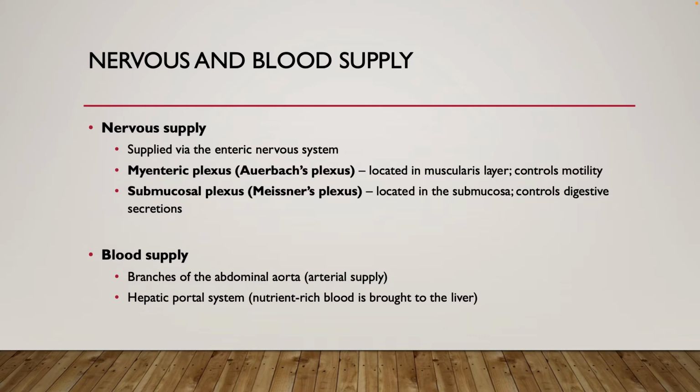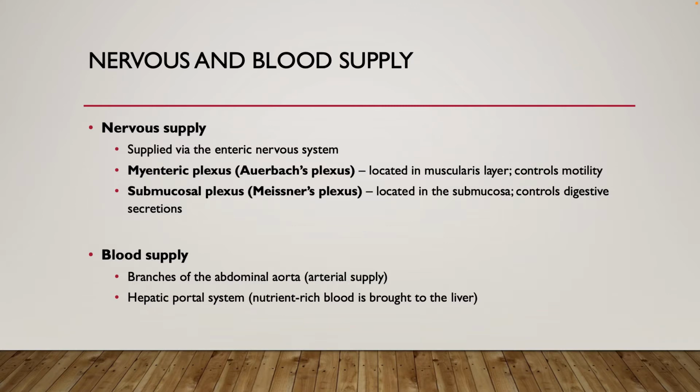Well, we actually have to drain blood from our alimentary canal, just as we do with any other organ or organ system. So we do that through something called the hepatic portal system. It's a unique system in that it contains very nutrient-rich blood that is going to the liver, and it's taking the blood actually into the liver.